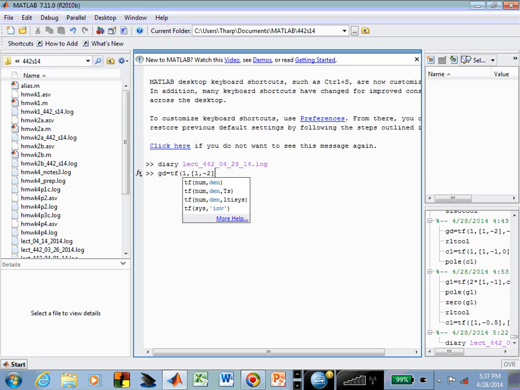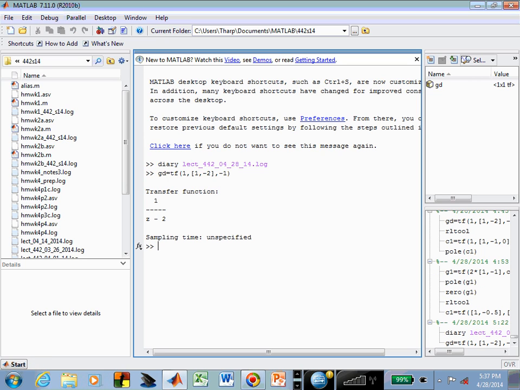That's the row vector for the denominator coefficients, and I'm not even specifying the sample period, so I'm just going to call that minus 1 and say I have a non-specified sample period for this system. I haven't been told what it is, or I'm not going to use one. That's now my open loop plant, G of z, and it looks like what we expected it to be.